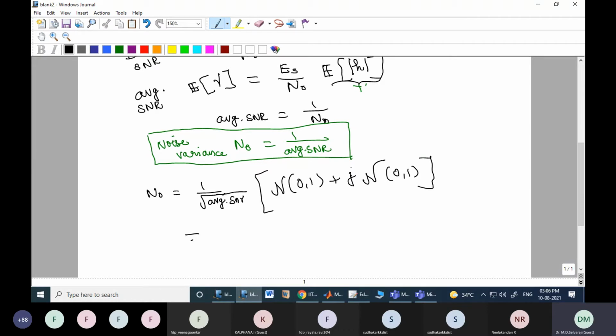Now if I take it inside, what will happen? It will become 0, comma, this square root will vanish, 1 divided by average SNR, so j times a normal distribution with 0, 1 divided by average SNR.